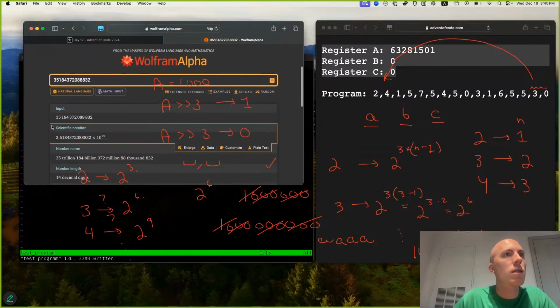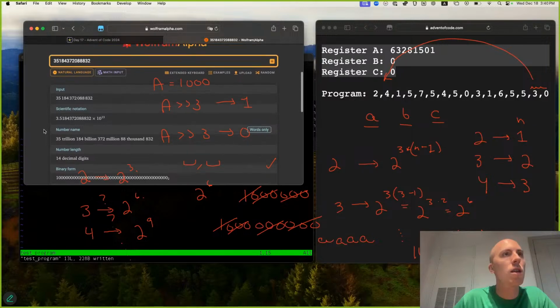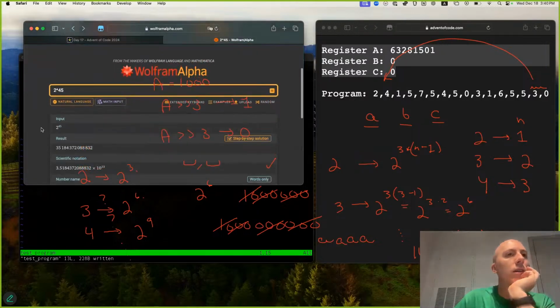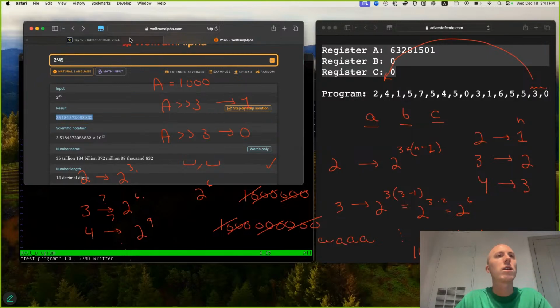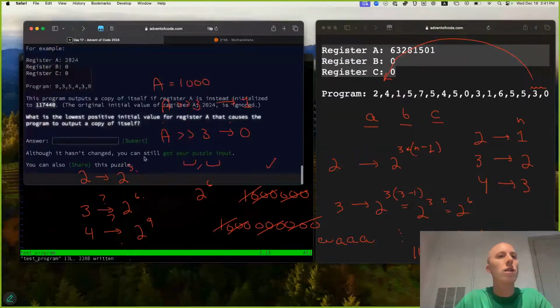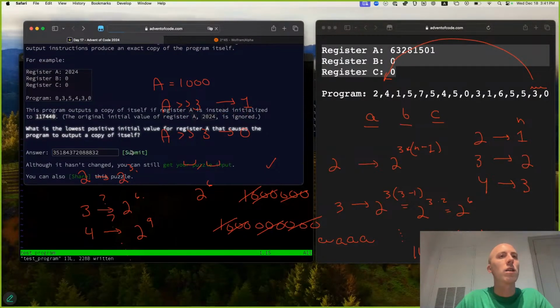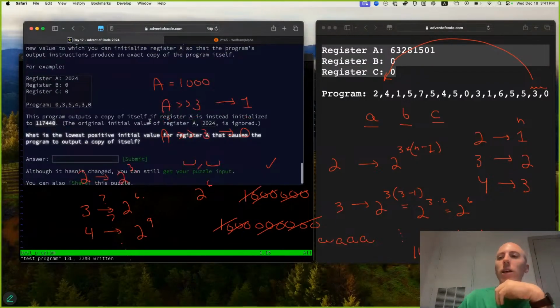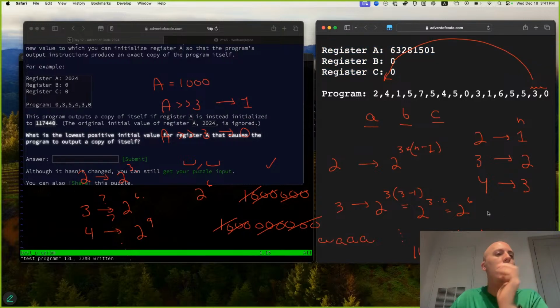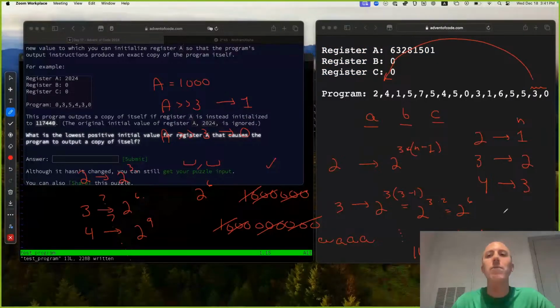Let's see. Why does this suck so bad for copying and pasting? The answer is too low. Okay, so maybe that was just a lower bound on how low it could possibly be.